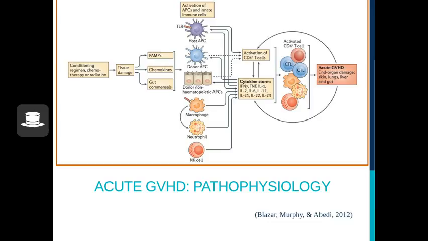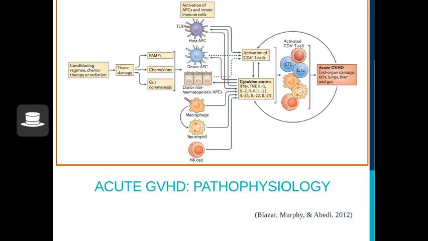This cytokine storm is an alloreactive donor T-cell-mediated response against the tissues of the recipient. These cytokines further promote antigen presentation and the recruitment of effector T-cells and innate immune cells, which further augment the pro-inflammatory cytokine milieu.